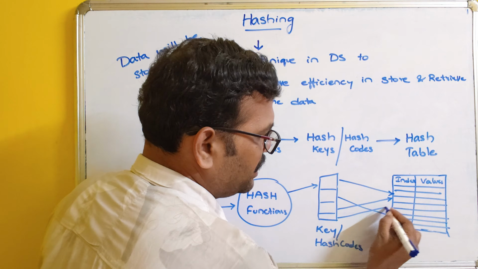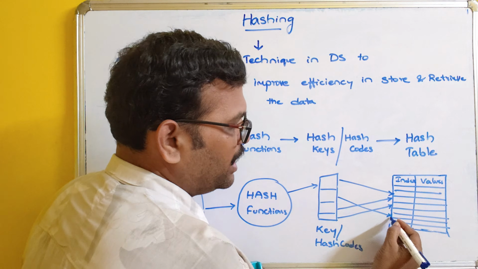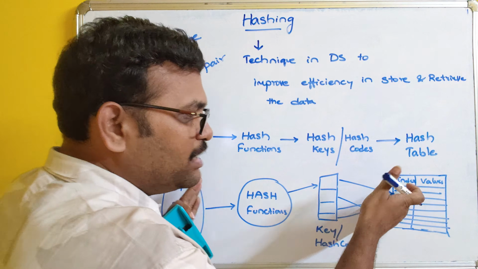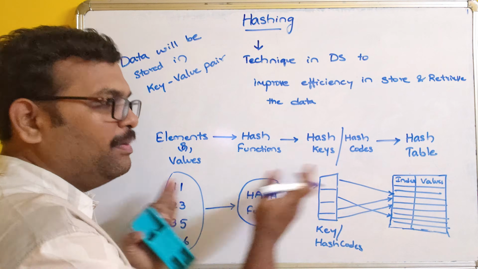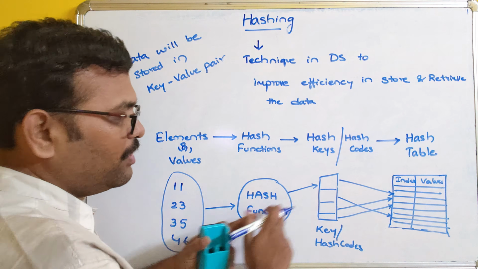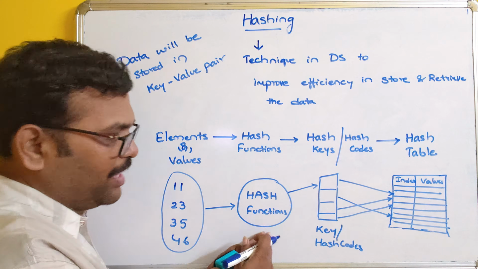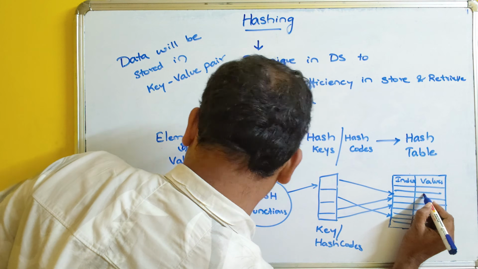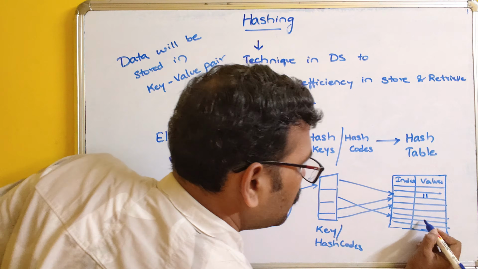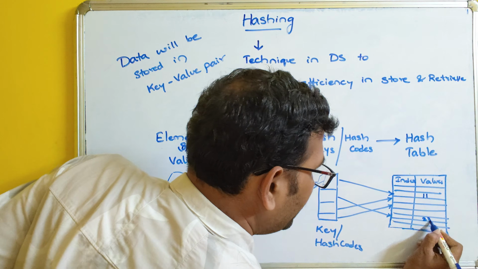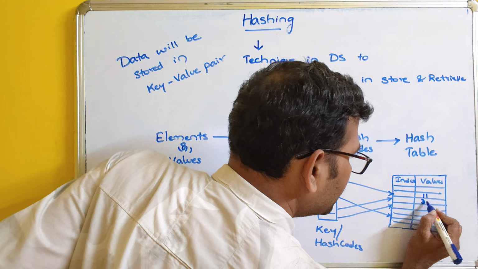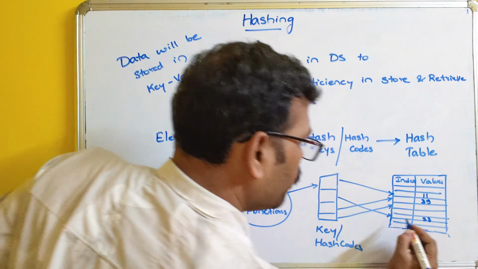It will represent the location of these particular values. So in this particular index, these elements will be stored. Whatever value we get after applying the hash function, in that particular index we will insert the element. For example, here it is 11, 23, next 35, and let it be 46.